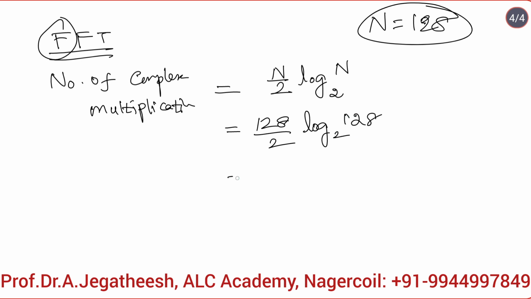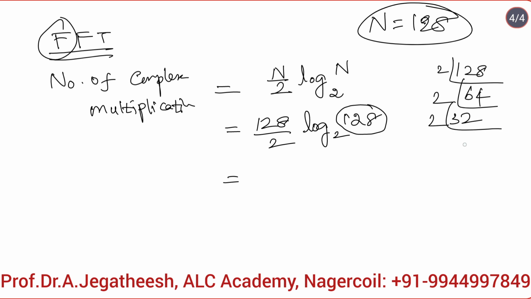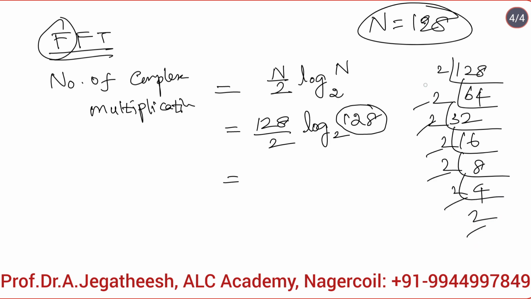Now this 128 can be written as some integer power of 2: 64, 32, 16, 8, 4, 2, 1, which counts to 7. So 128 can be written as 2 power 7.